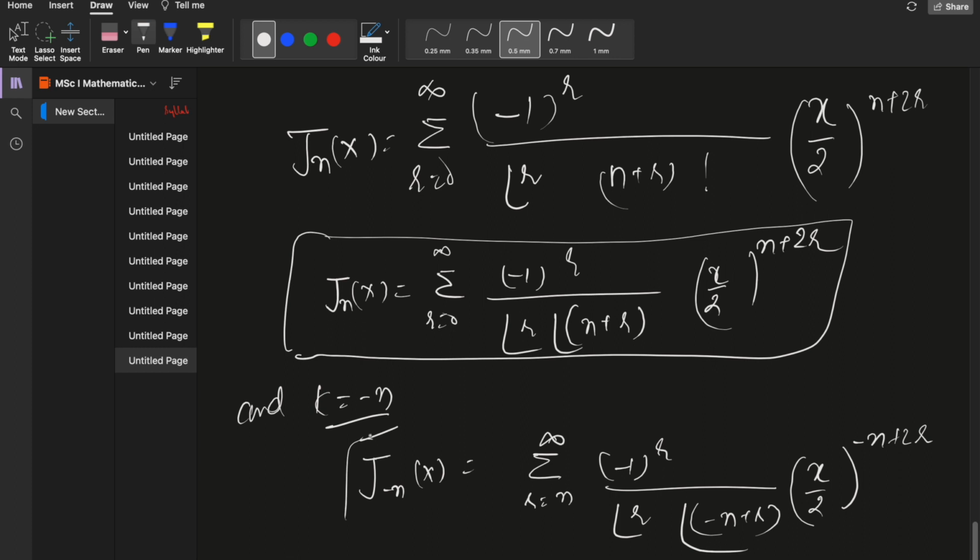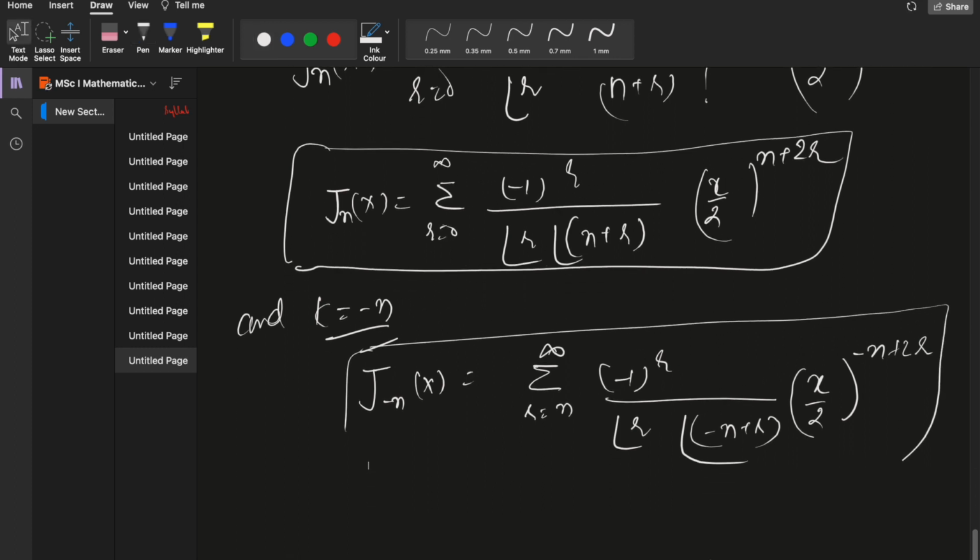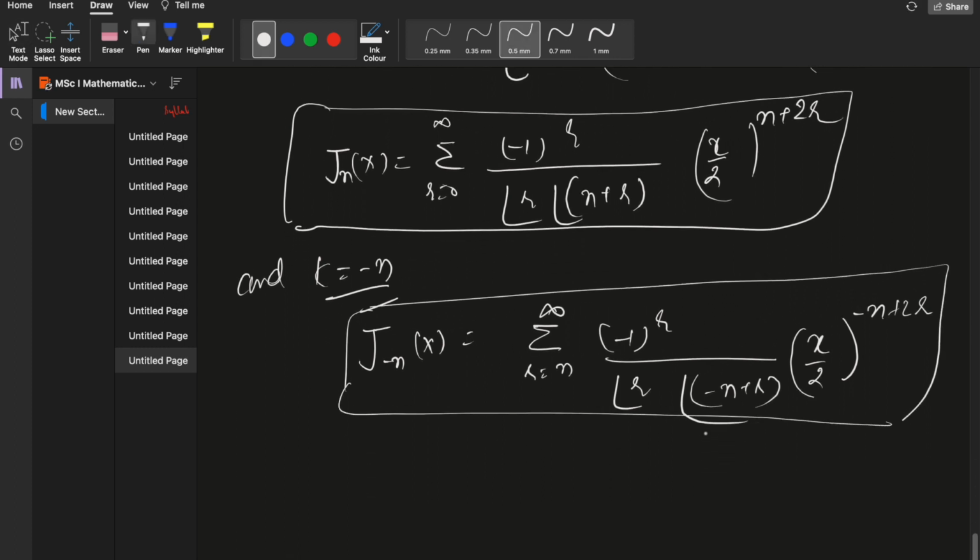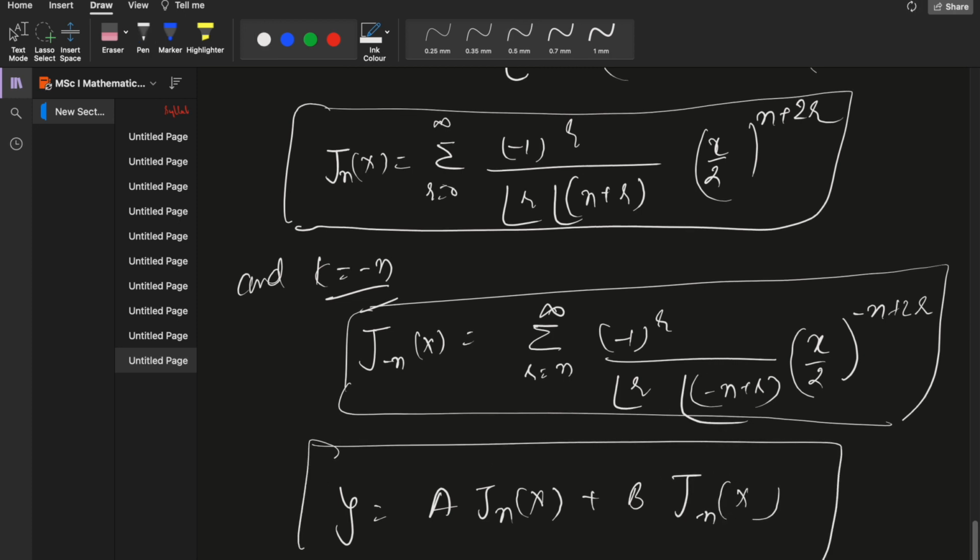This is going to be the value for k equals minus n. So collectively, the value of y will be a gnx plus b j minus nx. This is the exact solution for y for the differential equation of Bessel's function. Thank you.